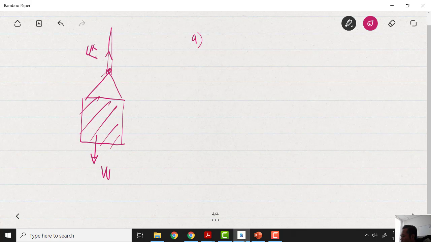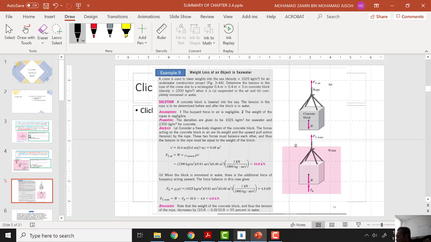They want you to find Ft, the tension in this wire, A, when suspended in air, and B, when submerged in water.